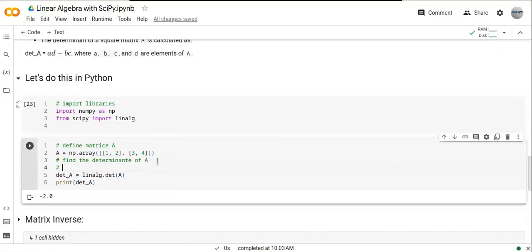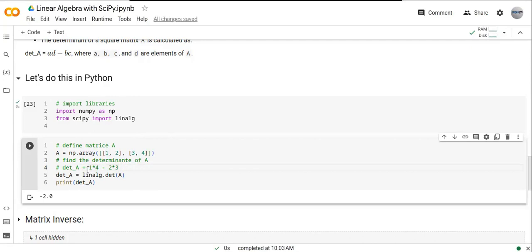Let's say the determinant of A is, from our matrix A, we can determine that the first element is a, so a = 1, multiplied by d, the last element, that is 4, minus b, the second element in the first row, that is 2, multiplied by c, the first element in the second row, that is 3.